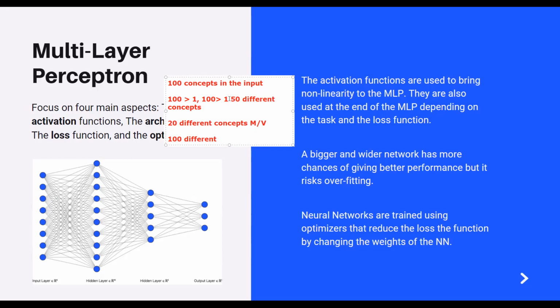If we repeat it 50 times, that means we get 50 different concepts. Remember, each one of these nodes is a logistic regression on its own, meaning each one takes all of this as input and maps it into something new. Okay?